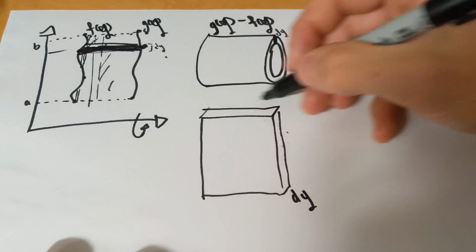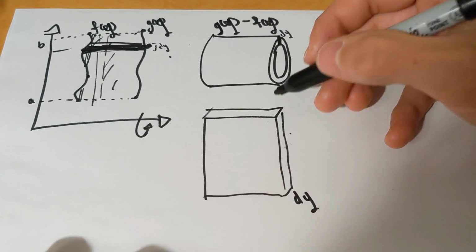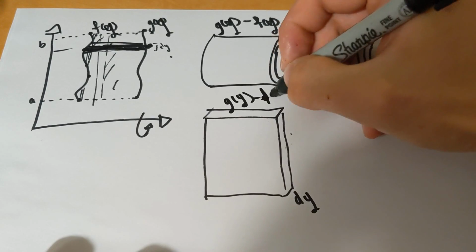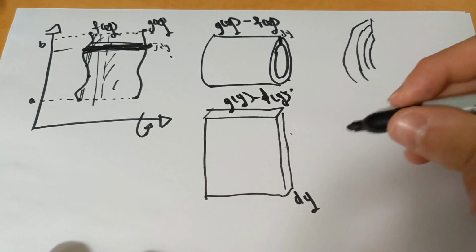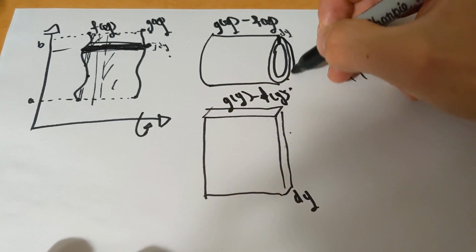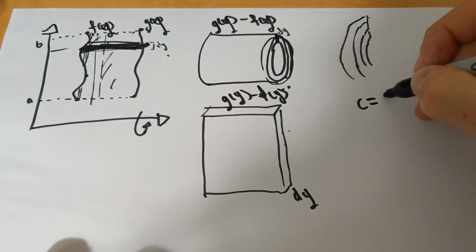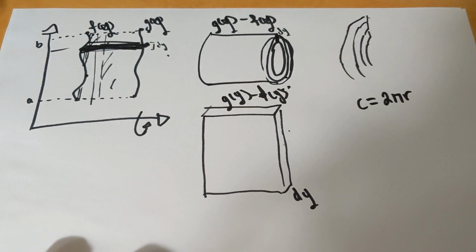We'll call this other width, okay? Well, that stays the same, g of y minus f of y. Now, what's its height? Well, its height is the overall circumference of the circle. And the circumference of a circle is equal to 2 pi r.